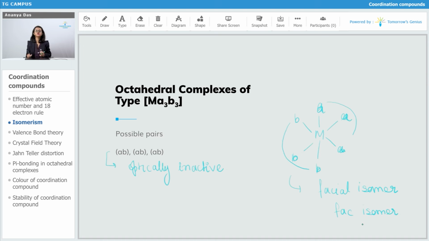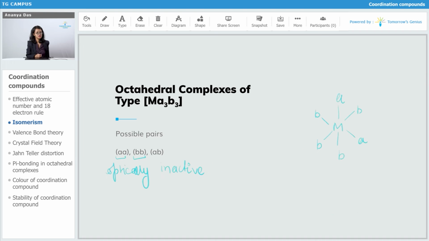Now if we go to our next possible pair, you can see that if we are again just focusing, we have A strands to A, B strands to B, and A strands to B. Again, just focus on the white ligands.